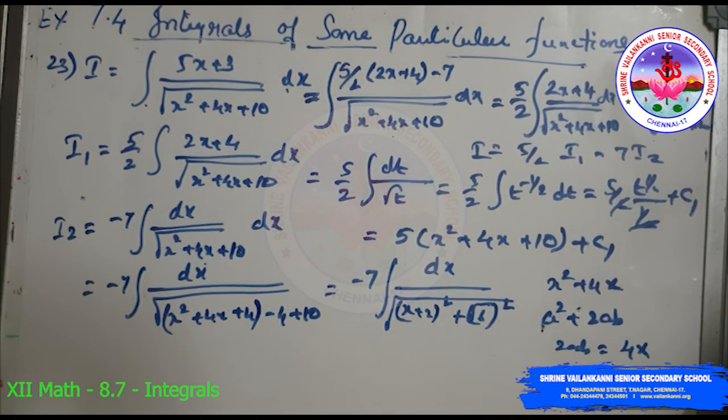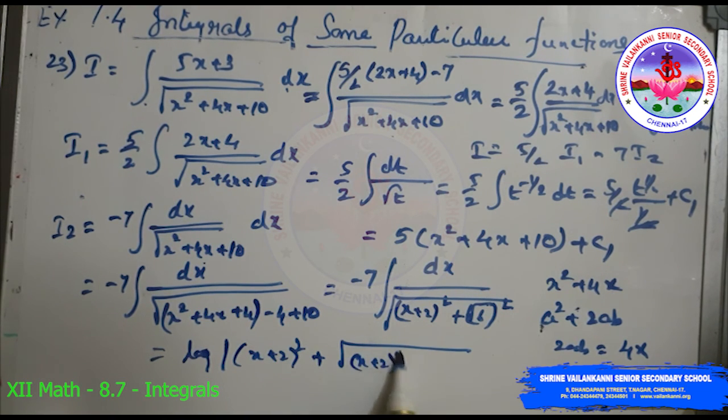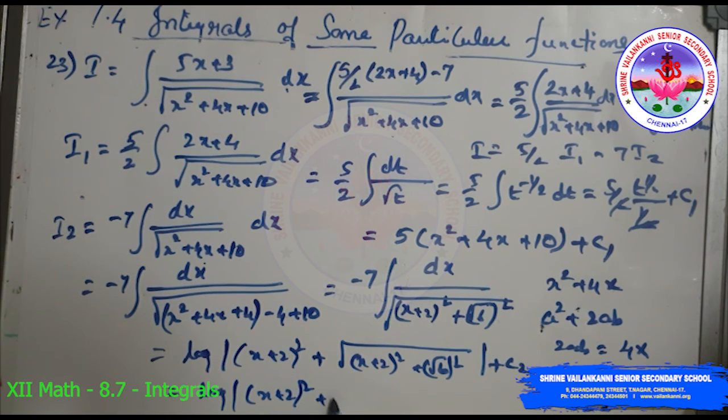So using the formula dx by root of x square plus a square, which is equal to log of x plus root of x square plus a square, here x is x plus 2, so log of (x plus 2) plus root of (x plus 2) whole square plus root 6 whole square, plus c2, which is log of (x plus 2) plus root of, so this is nothing but this quadratic expression, x square plus 4x plus 10.